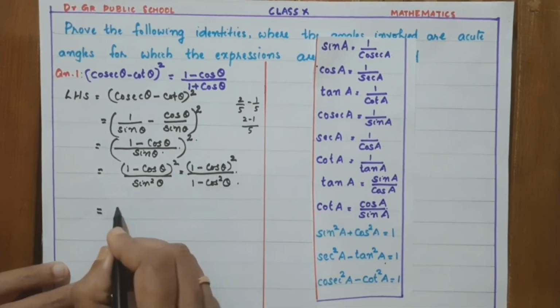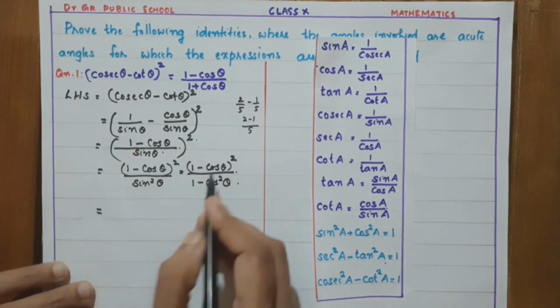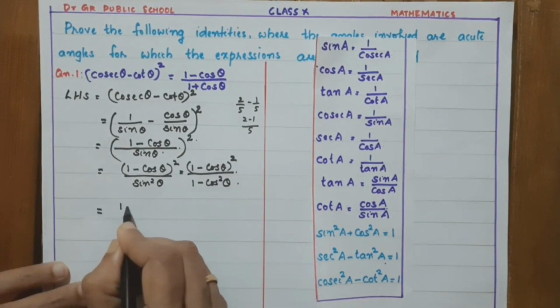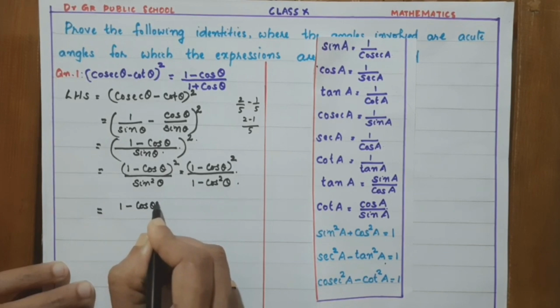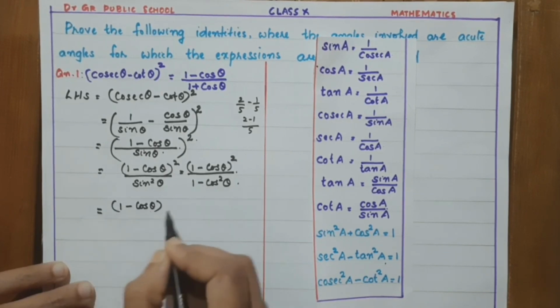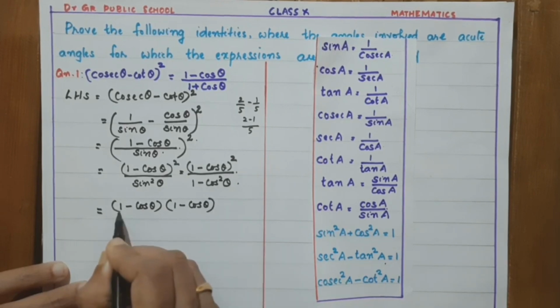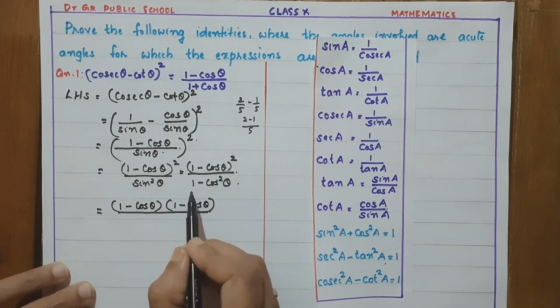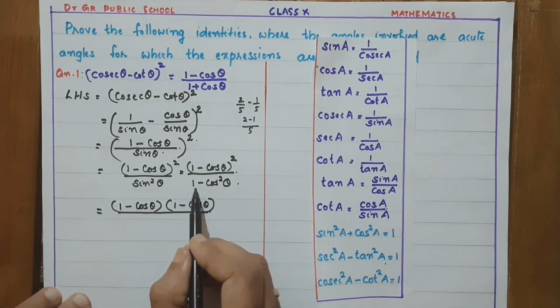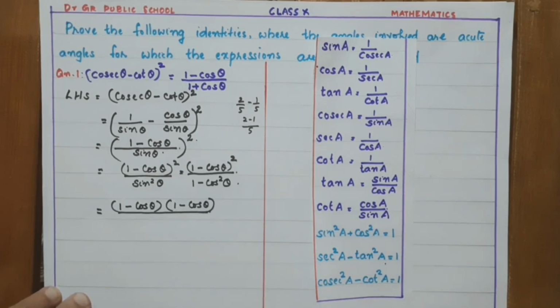So for that I am writing this as two separate terms. 1 minus cos theta the whole square can be written as 1 minus cos theta into 1 minus cos theta by, see here the denominator is 1 minus cos square theta.